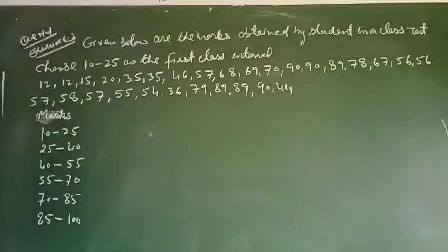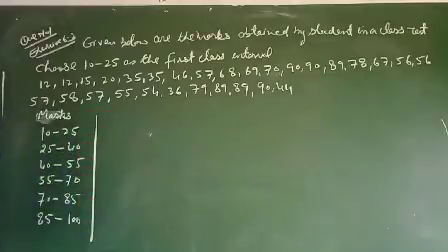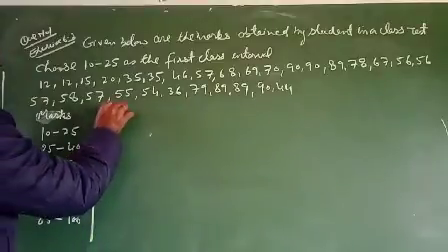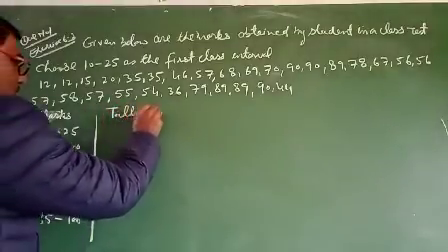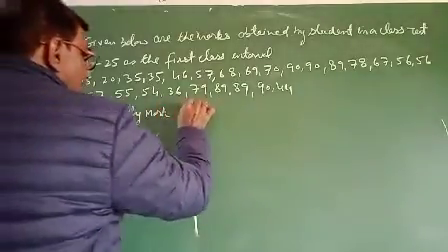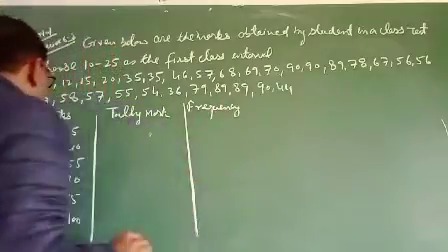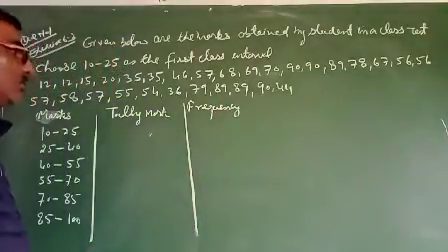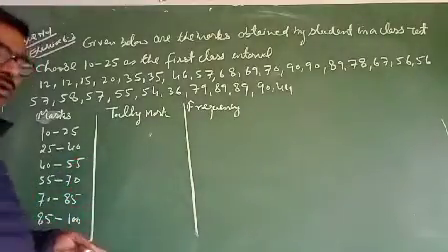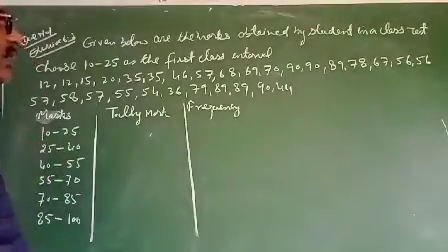Now, this is the class interval, and next I will find the tally marks, and after this we will write the frequency. First of all, I will find the number of students who got marks between 10 and 25.